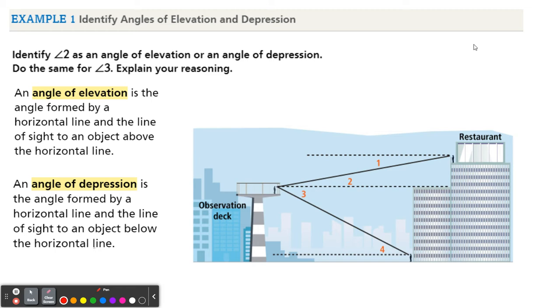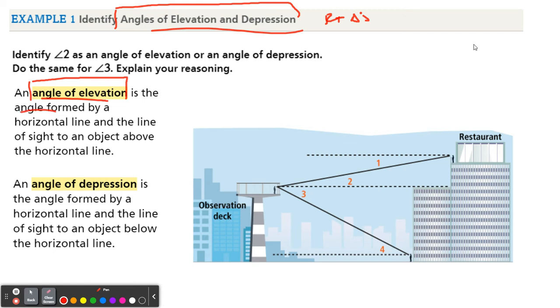Example 1, identify angles of elevation and depression. This is very much a right triangle concept. When you talk about angles of elevation and depression, we are mostly talking about right triangles. An angle of elevation is formed by a horizontal and a diagonal line of sight.